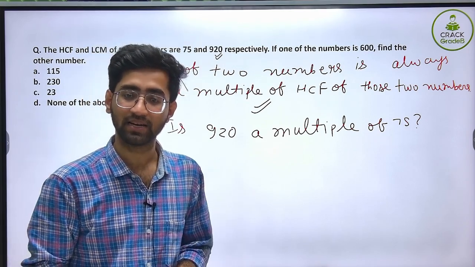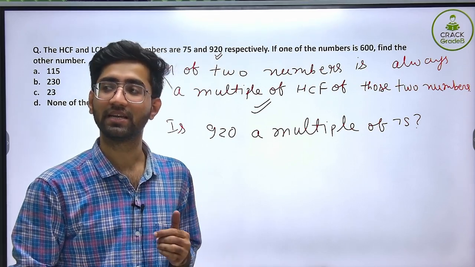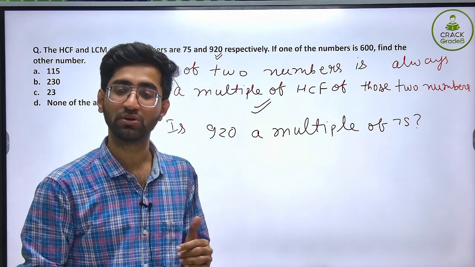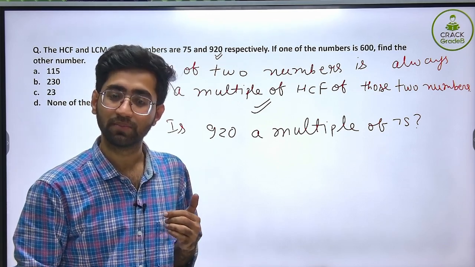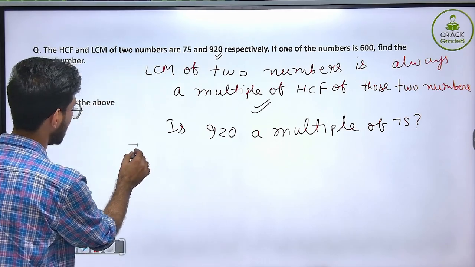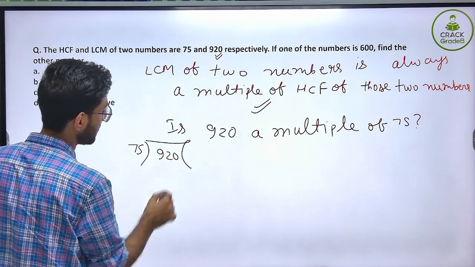If I say that 88 is a multiple of 11, means 88 is divisible by 11. If I say that 132 is a multiple of 12, means 132 is divisible by 12. So basically we are saying that 920 should be divisible by 75.